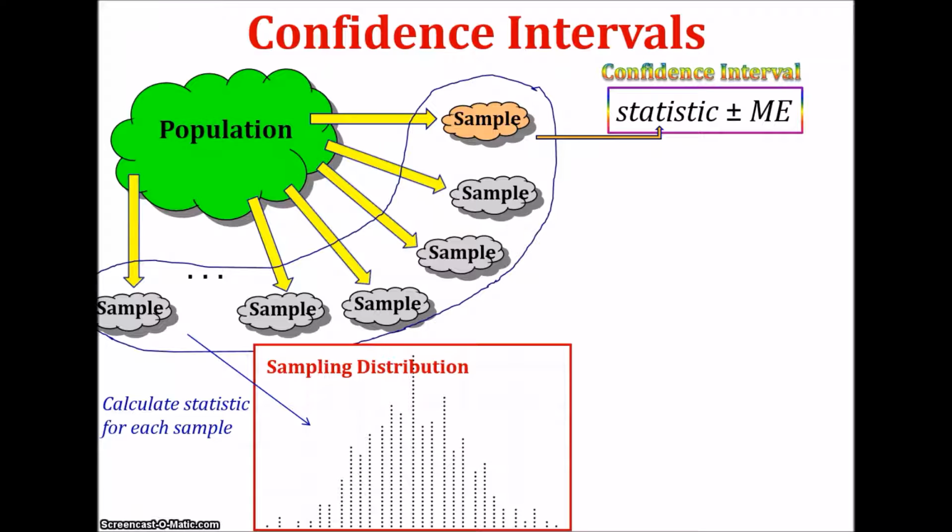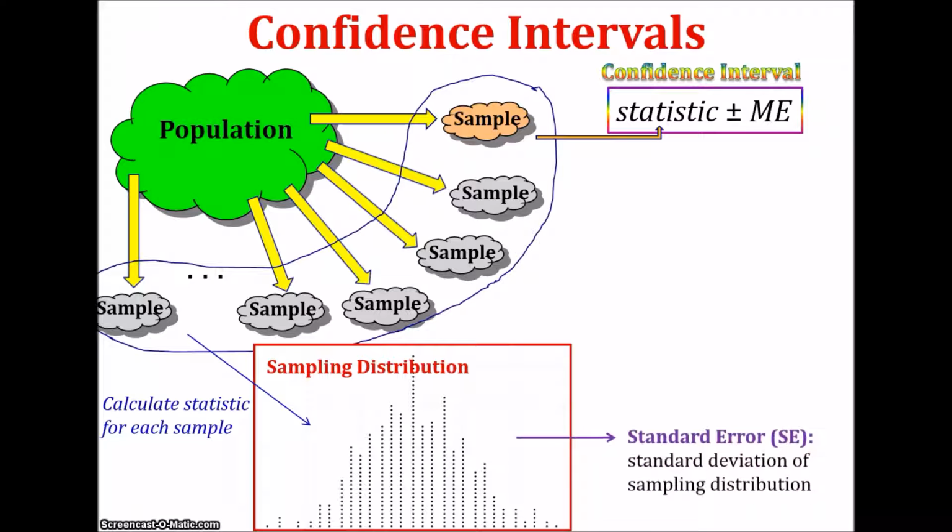And since my margin of error is going to be 2 times the standard error, I could find the standard error by taking the standard deviation of that sampling distribution, multiply by 2 to get the margin of error, and then use that to get my confidence interval.